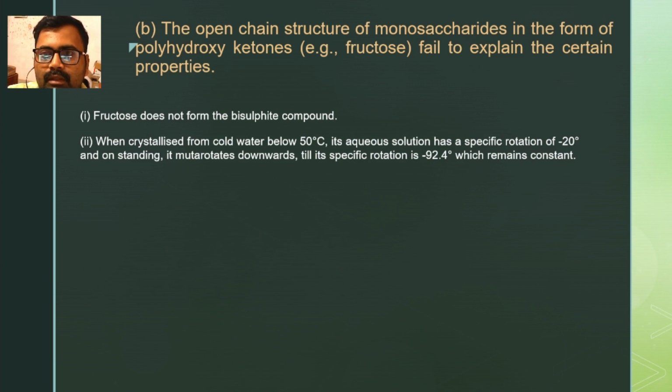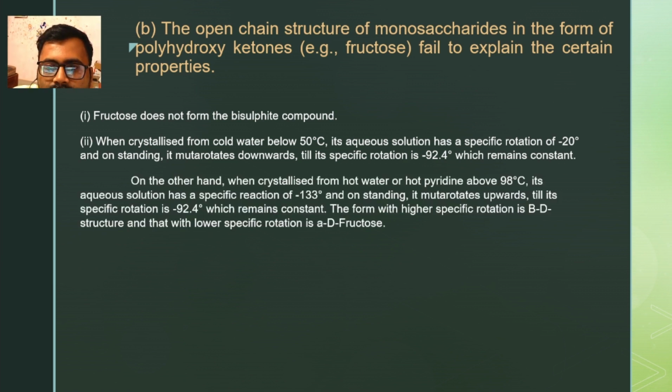Similarly, D-fructose shows mutarotation. When the D-fructose is crystallized from cold water below 50 degrees Celsius, and again this crystal is dissolved in aqueous solution, and if you record the specific rotation of this solution, it is minus 20 degrees. On standing, this mutarotates downward until the specific rotation is minus 92.5 degrees, which remains constant.